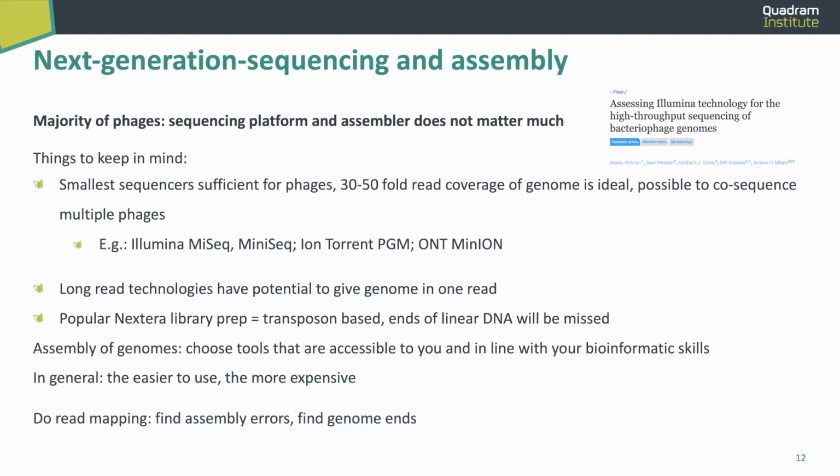You don't need 100 or 1,000-fold coverage to get a good bacteriophage genome. So if you know that you have a lot of different phage types, you can actually sequence them in the same sample without barcoding them, because they will assemble into separate genomes. And these things are well addressed in the paper by Branko Rihtman and colleagues in Phage.